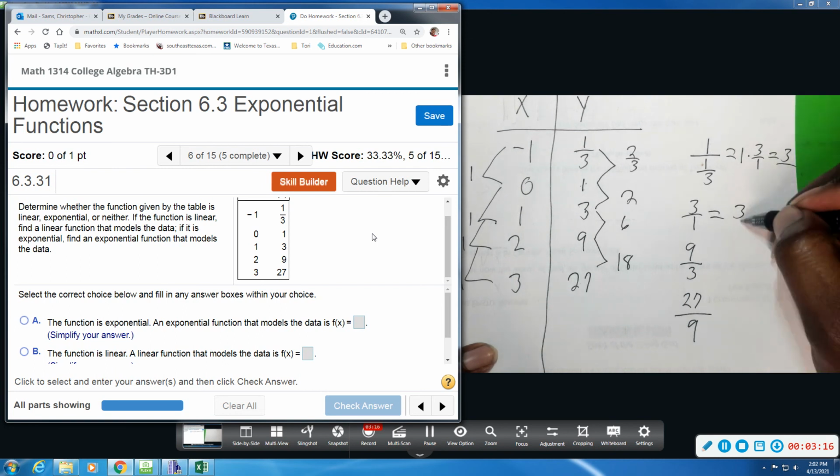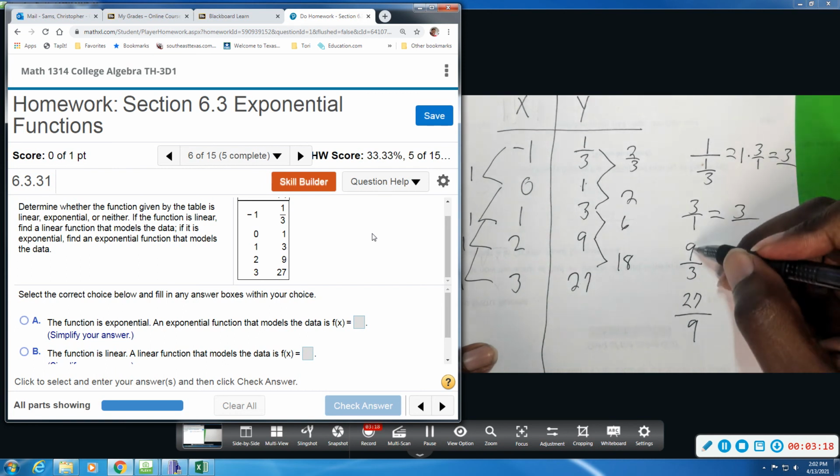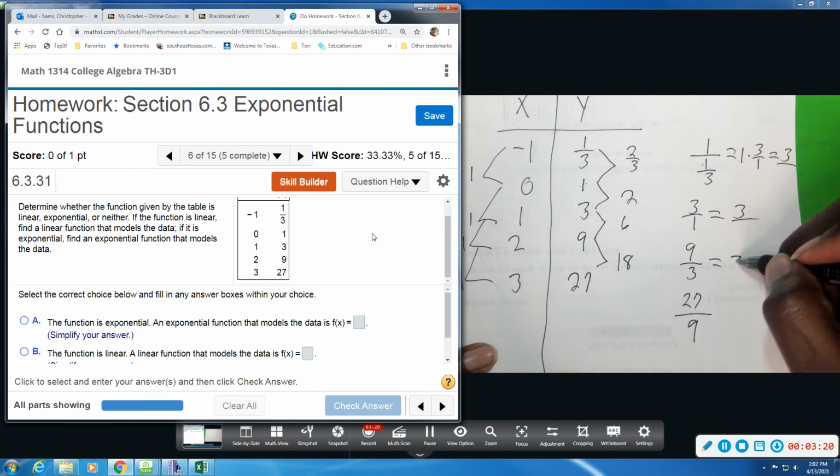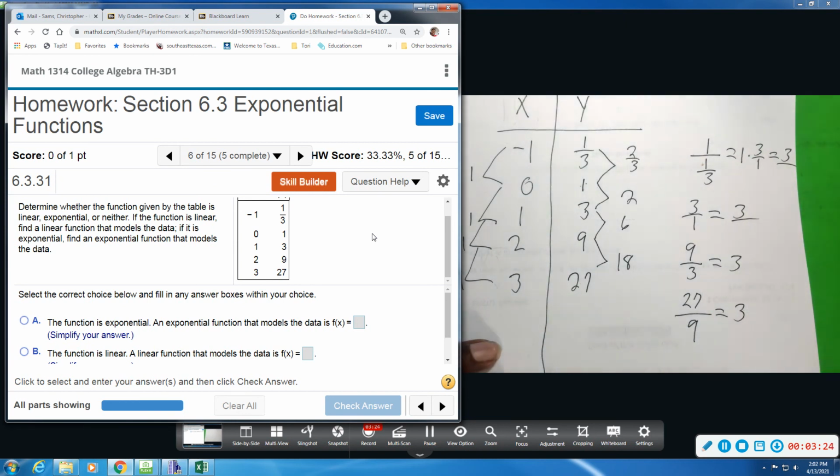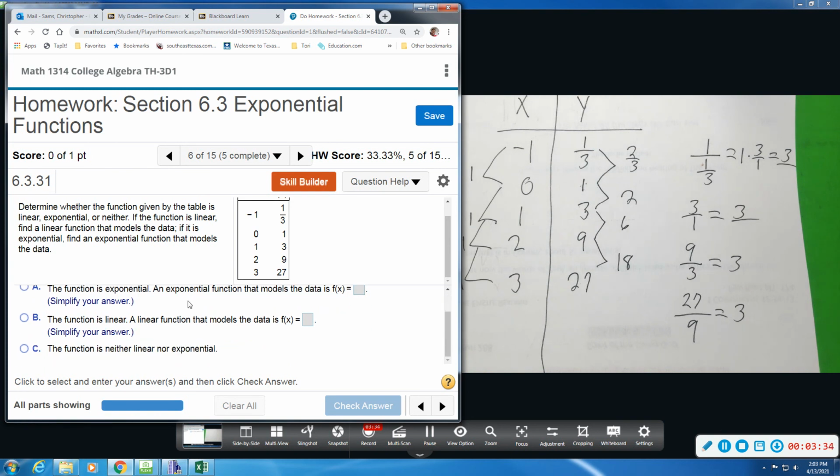So it looks good to be exponential. We get a constant ratio. 9 divided by 3, 3. And 27 divided by 9, we get 3. So since we get a constant ratio, that means we have exponential. So the function is exponential. And then we can say the exponential function models, since this is my rate of change, we would do 3, and it's always to the x power.